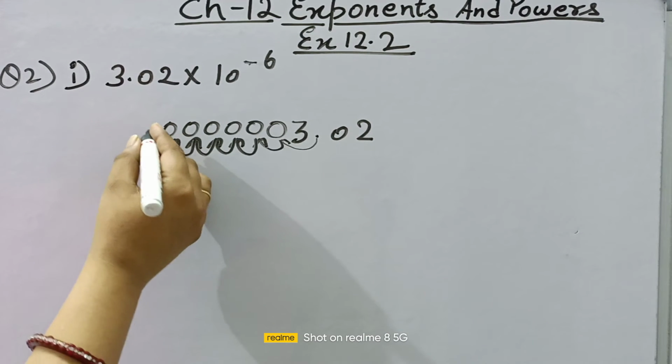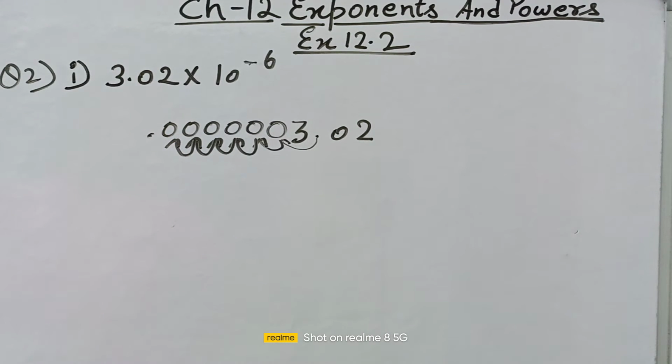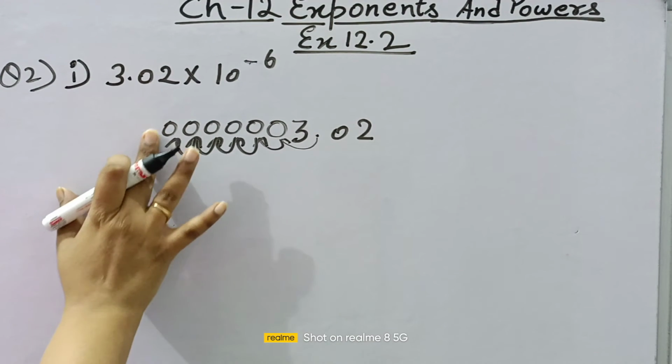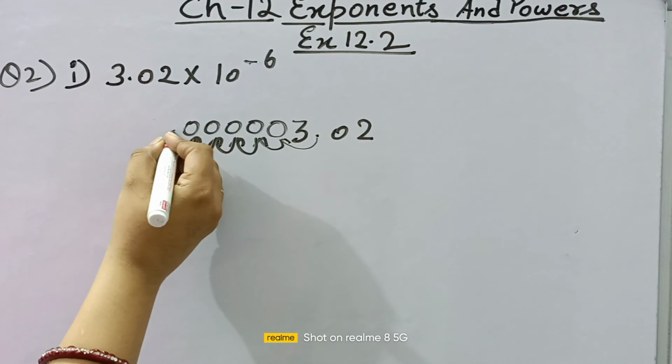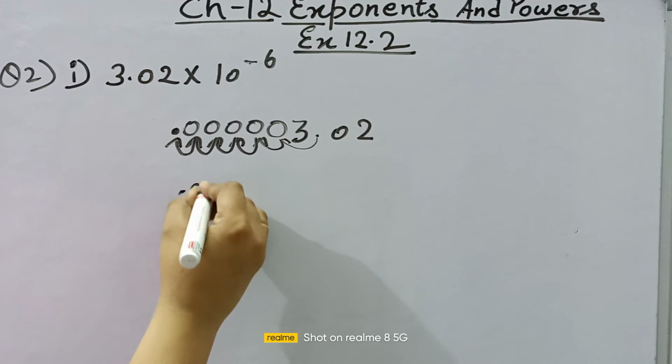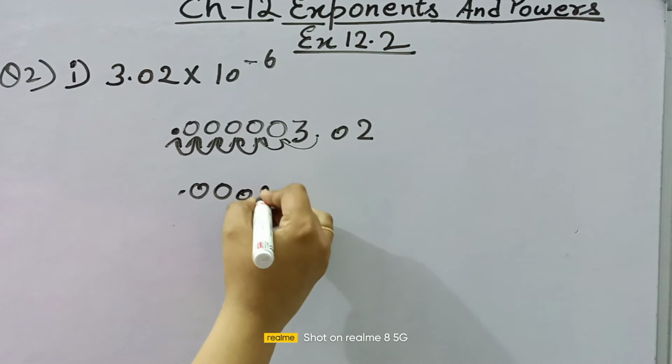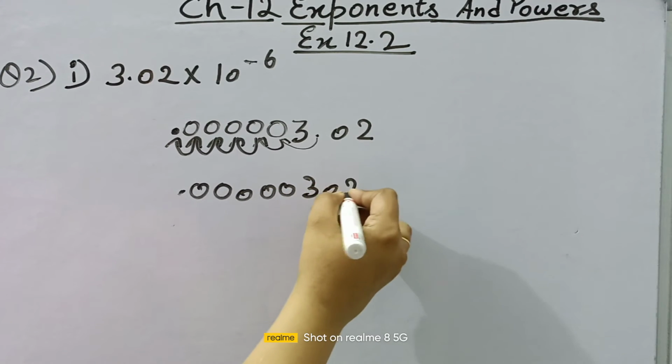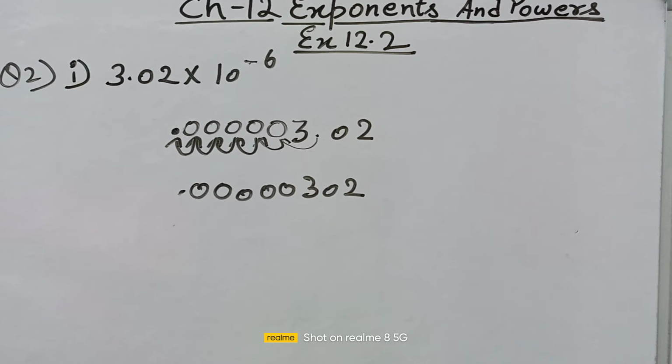Right? So for the 6th time we will write the decimal here, and the number becomes 0.00000302. This is the usual form of the given number.